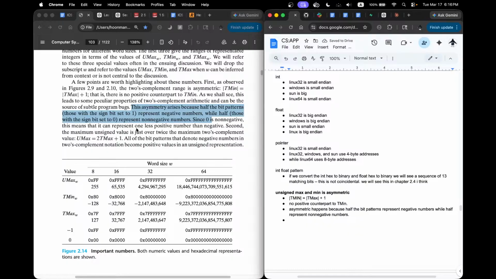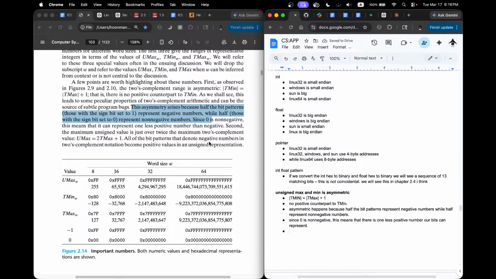Means that it can represent one less positive number than the negative. Half the bit patterns represent negative numbers, while half represent non-negative numbers. Since 0 is non-negative, this means that there is one less positive number our bits can represent.